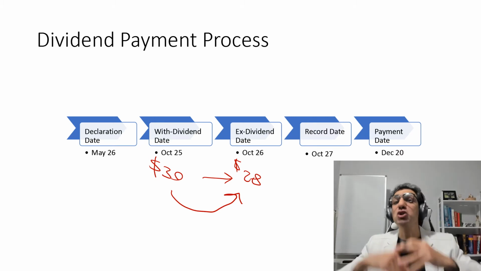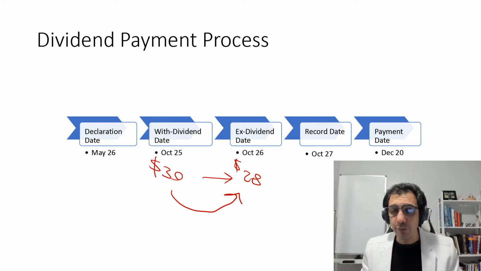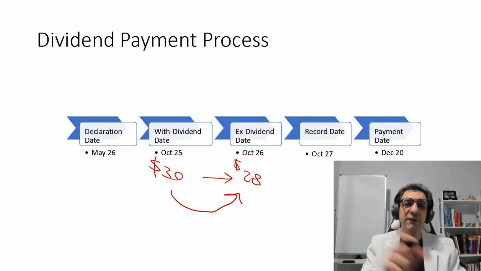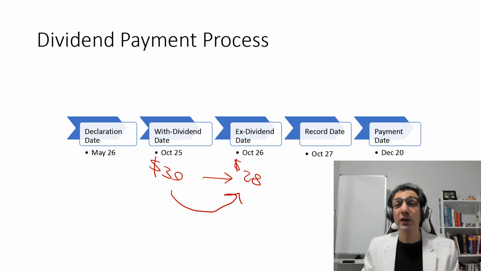I'm assuming there is no other information, no other type of event. So rationally, that's how the stock price changes. That's a big difference between the with dividend and ex-dividend date. And remember, you won't be eligible to receive the dividend if you purchase stocks on October 26th in this example, which is the ex-dividend date.